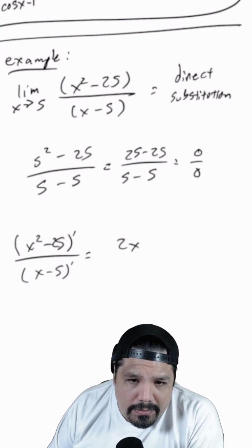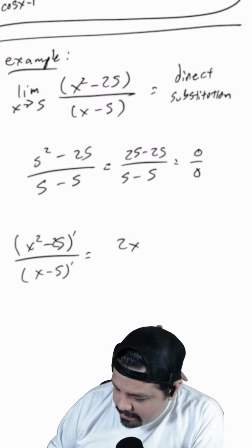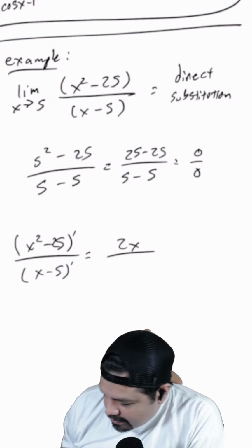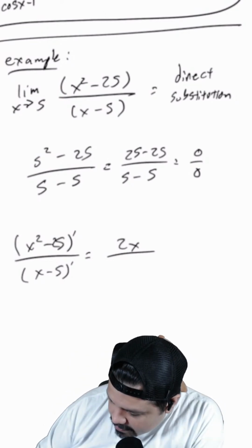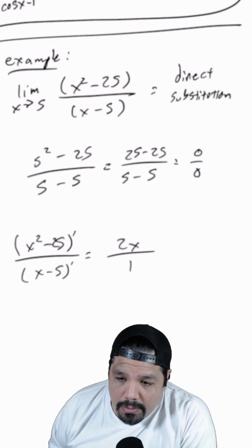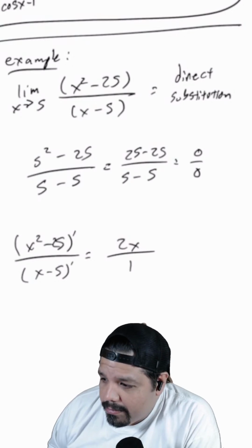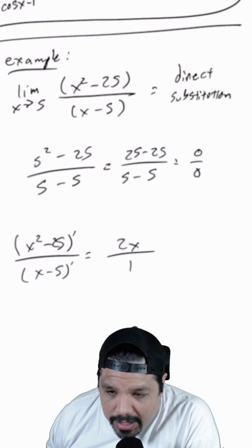I'll tell you. The derivative of a constant is 0. What's the derivative of x? Oh, don't you know that's 1? Derivative of 5 is 0. 1 minus 0 is still 1. That's our denominator.